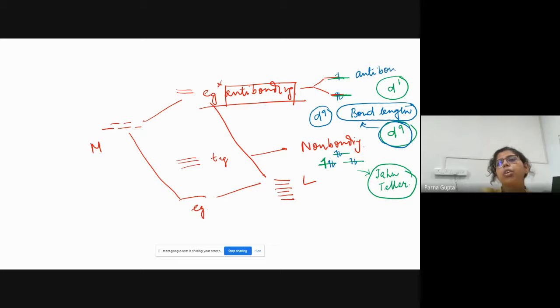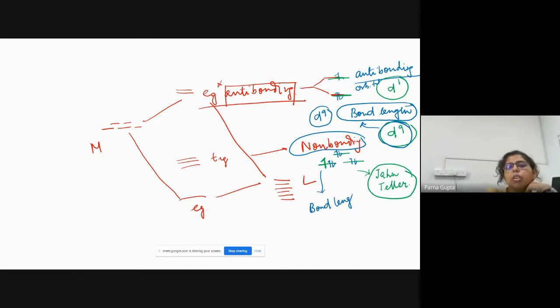And if the electron has any change in the anti-bonding orbital, then the bond length either increases or decreases, right? And if it happens in T2g, as it is non-bonding, it will not affect the bond length of the system, not that much. Is it clear? When the practical examples come, you will understand.